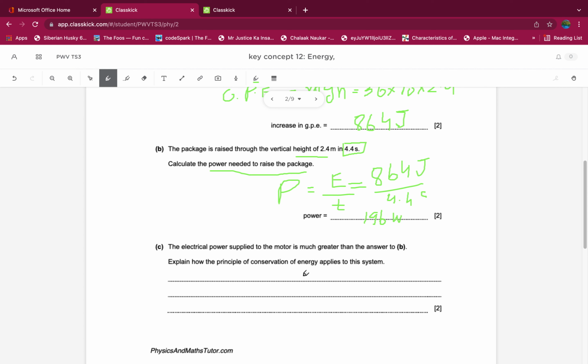So the law of conservation of energy is applicable there, but the output is not equal to the input. Output and input are different because some of the energy is dissipated or wasted there. Understand this point?